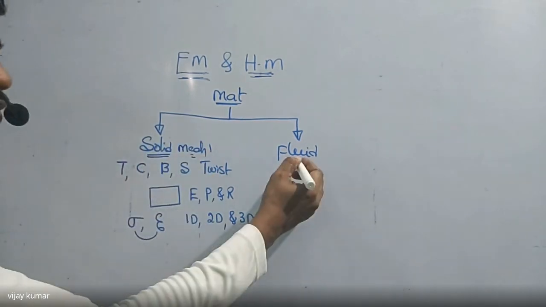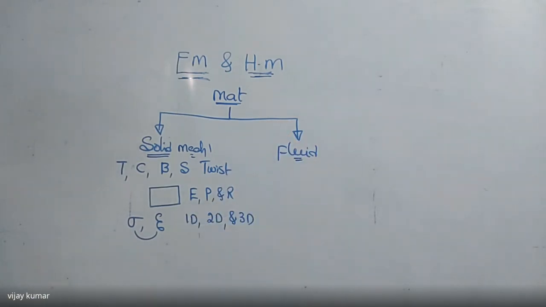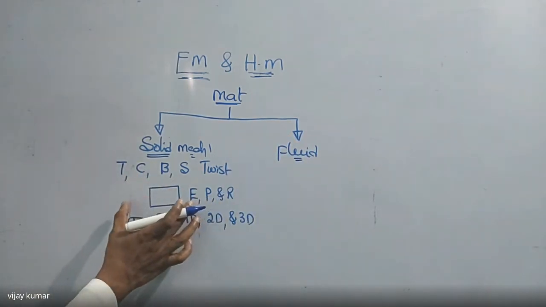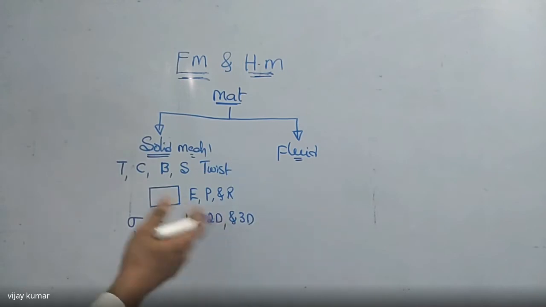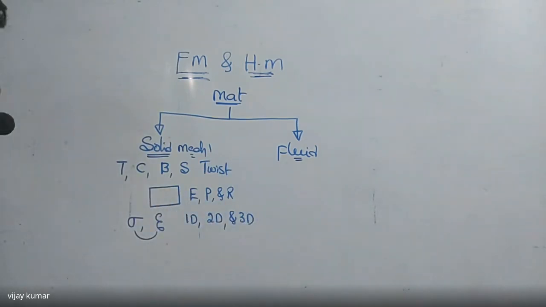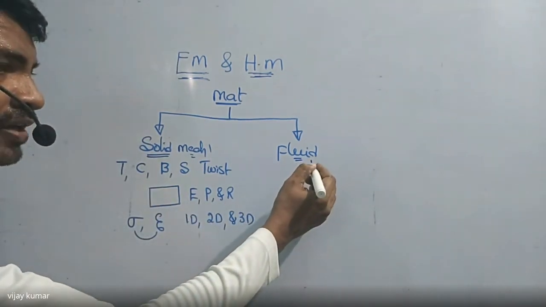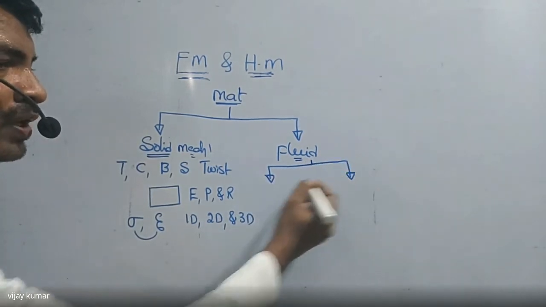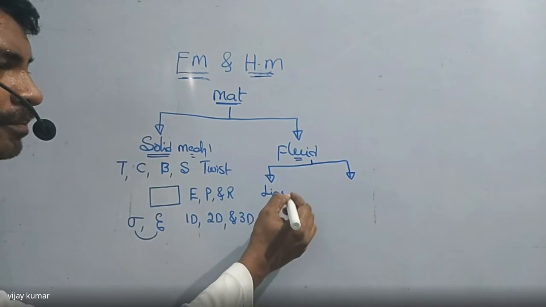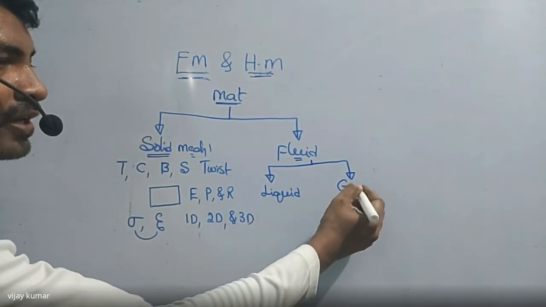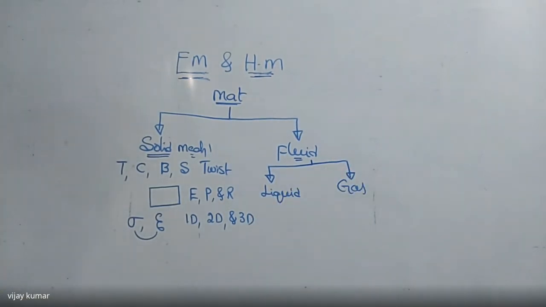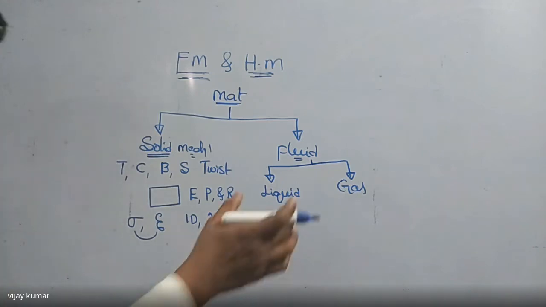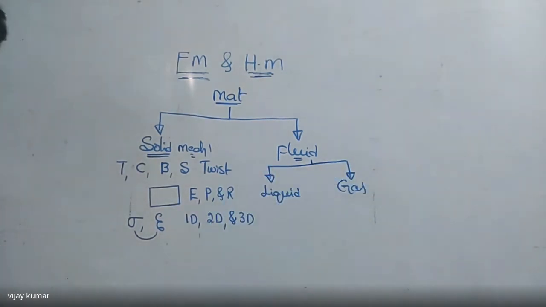Now, what is fluid mechanics here? Here, different types of solids: elastic, plastic, rigid. Those are different types of solid materials. But in case of fluid, we are having different types of fluids. The fluids are in two forms. One is in the form of liquid and one is in the form of gas. So if we take a liquid or a gas, on the liquid and on the gas also, we are having some forces.